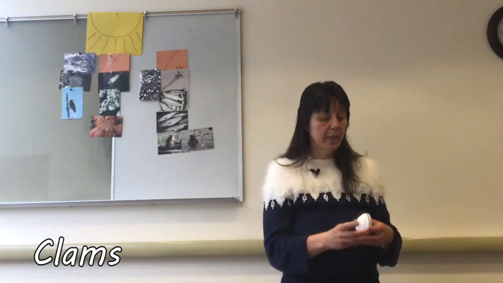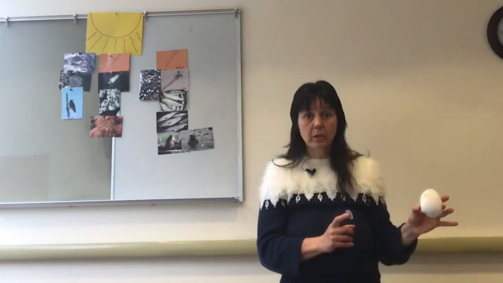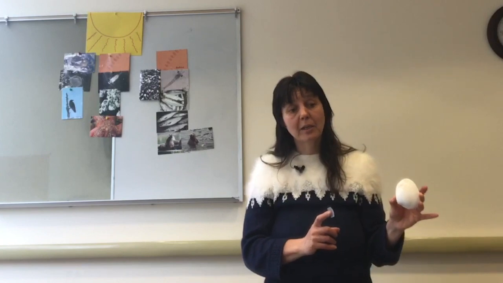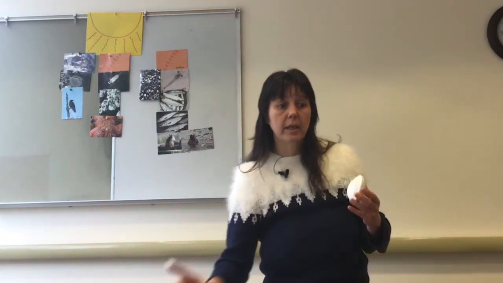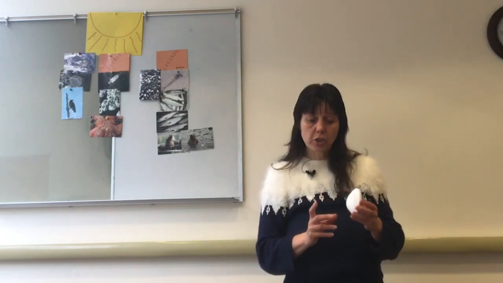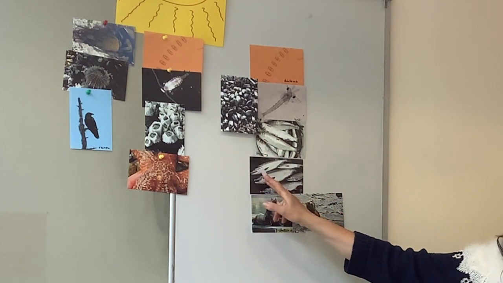I don't have a picture of a clam, but clams are important food for many animals, for people, for sea otters again, for a lot of fish. So lots of things. You might actually go back into this food chain. Fish eat the clams. One animal that eats mussels or clams is also a snail.